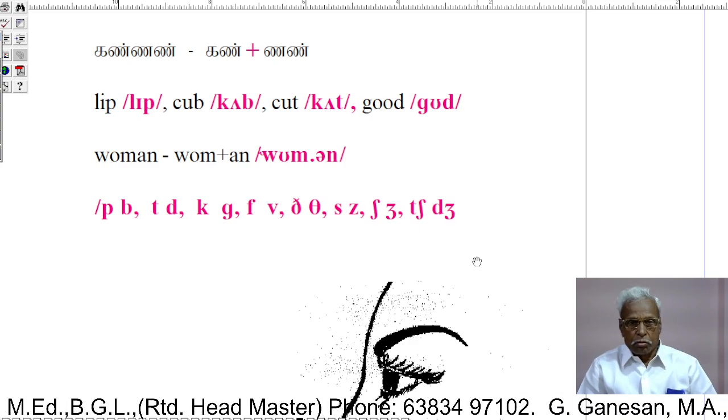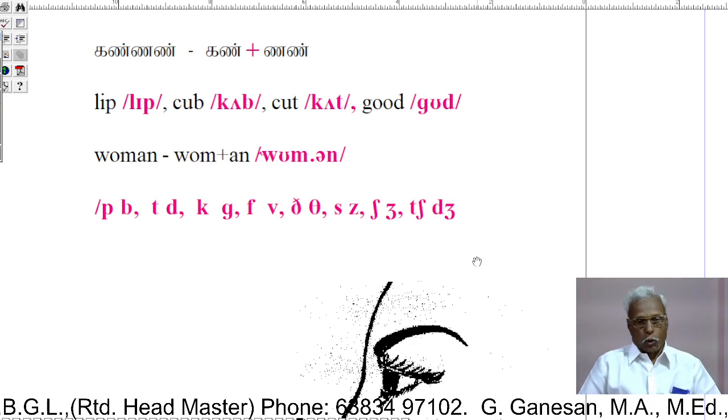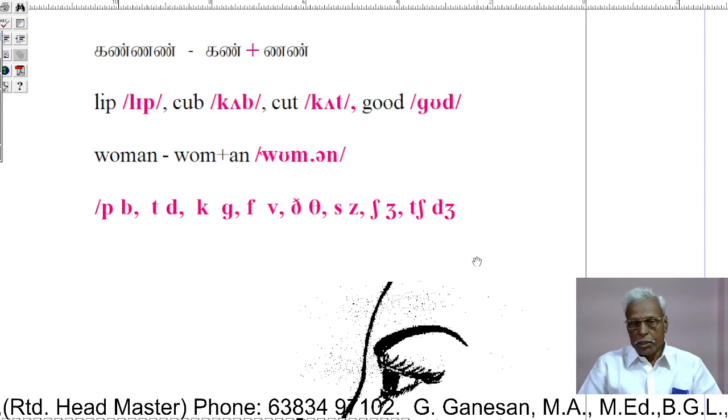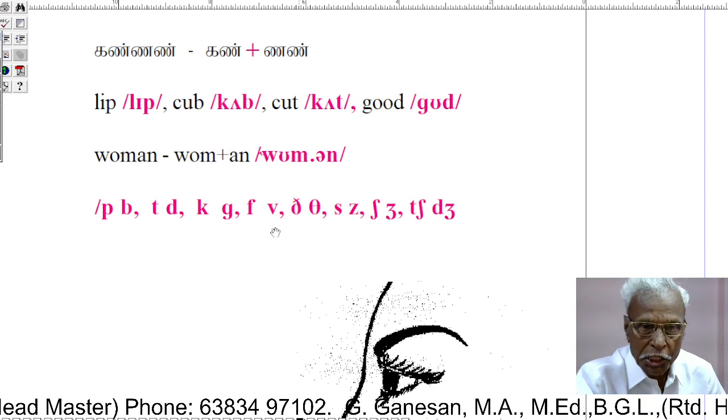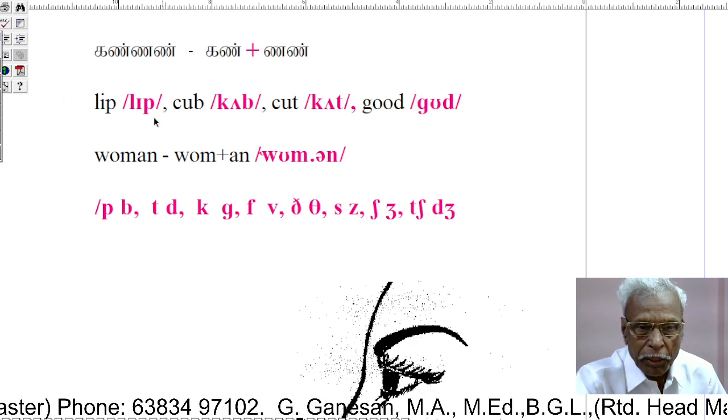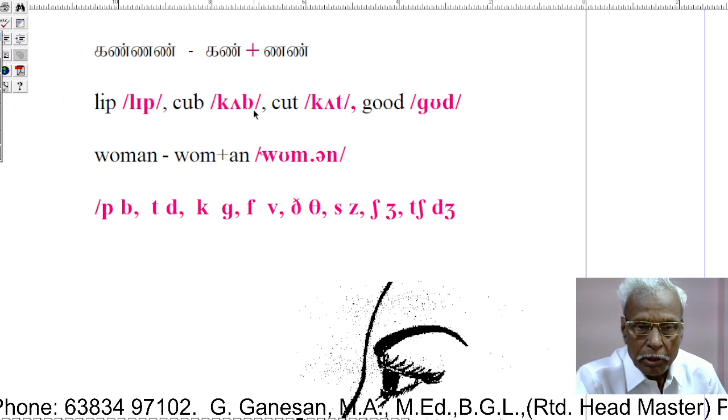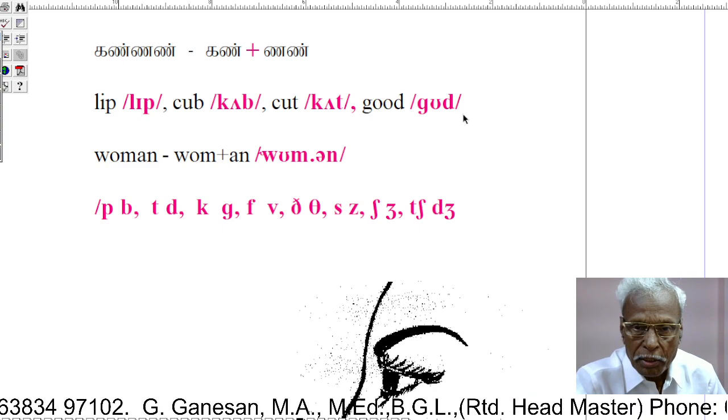This is the rule in most of the languages spoken in the world. Let us see some examples of English: lib, cub, cut, good.